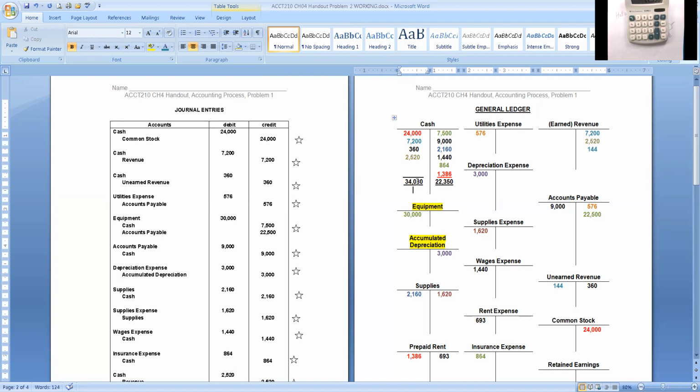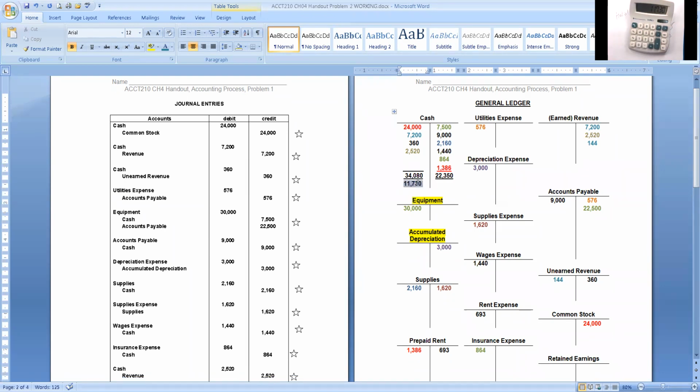So 34,080 minus 22,350 is 11,730. Okay, so this is our ending balance for our cash.